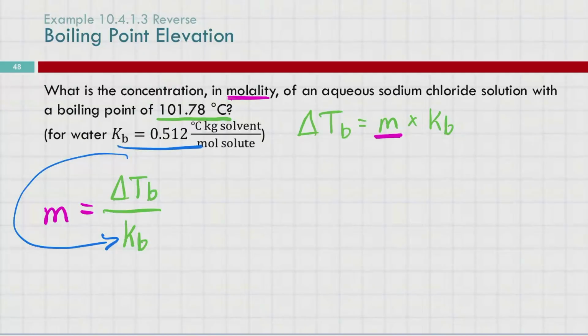If you plug in this number of 101.78 degrees Celsius, you get the wrong answer. Delta TB is the amount the temperature increased.